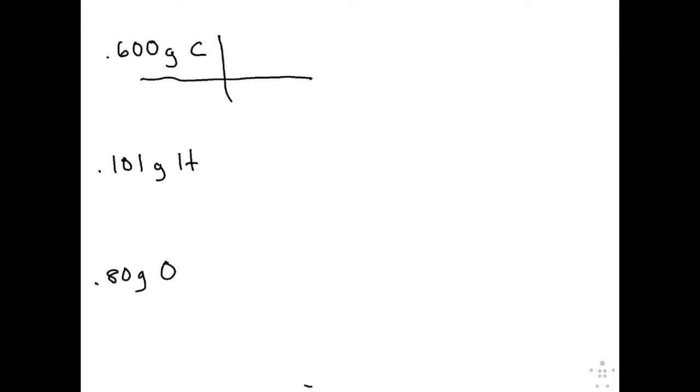Now continuing on from here, we need to do our normal steps for empirical formula at this point. So again, we had 0.600 grams of carbon, 0.101 grams of hydrogen, and 0.80 grams of oxygen. So the next step would be to convert each of these back to moles. The molar mass of carbon is 12.01 grams per mole, and that's going to give us 0.0500 moles of carbon.